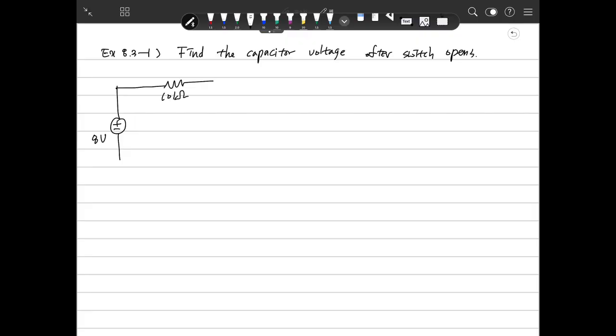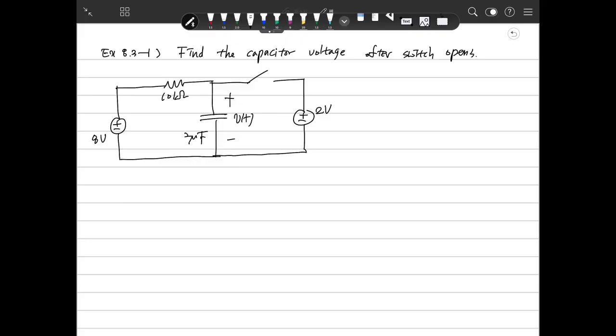And this is a 10 kilo ohm, capacitor, and the switch here. And these two sources here. It's 2 volt. And this is Vt and it's 2 microfarad. When t is 0, the switch is open here. So our goal is to get Vt.